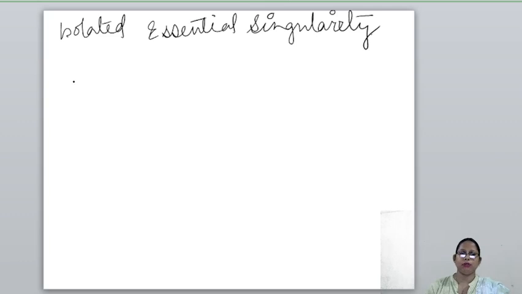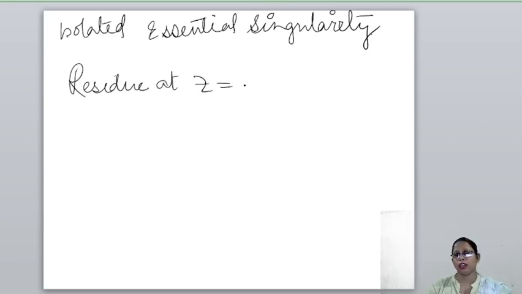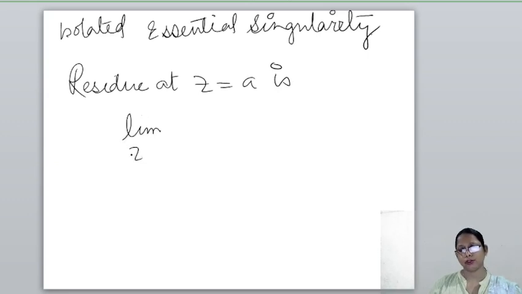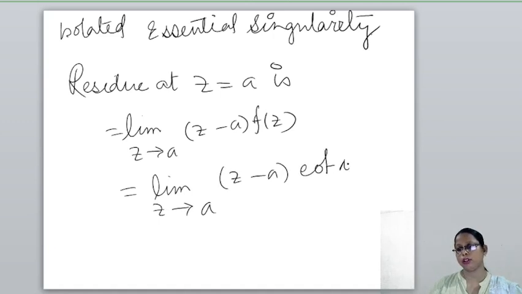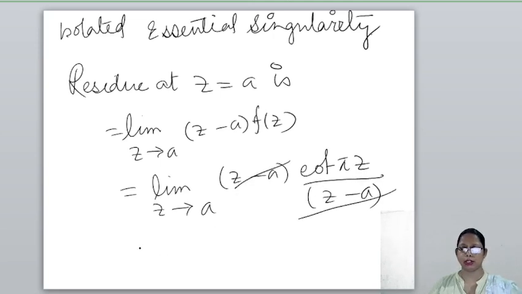So residue at z equal to a is the limit as z tends to a of (z − a) f(z), which is equal to the limit of (z − a) cot(πz) by (z − a). This cancels out. This is equal to cot(πa).